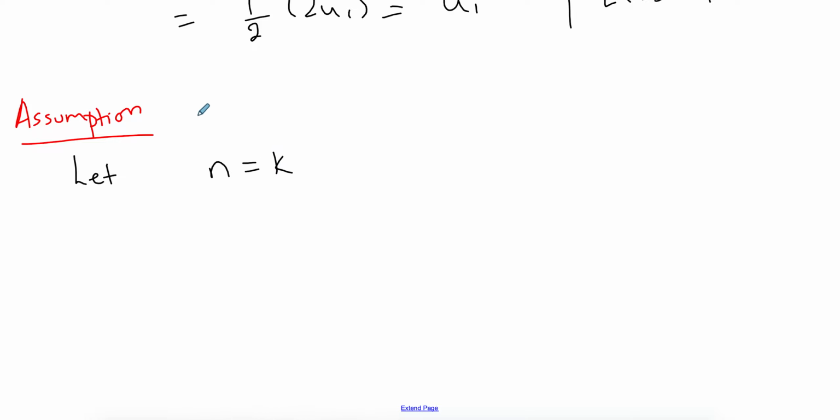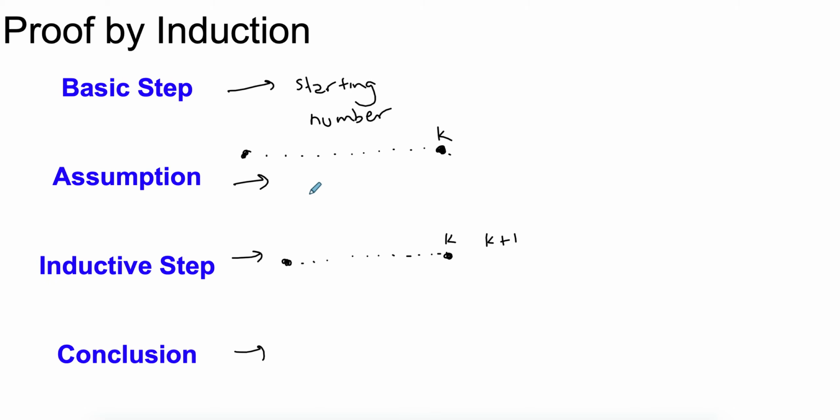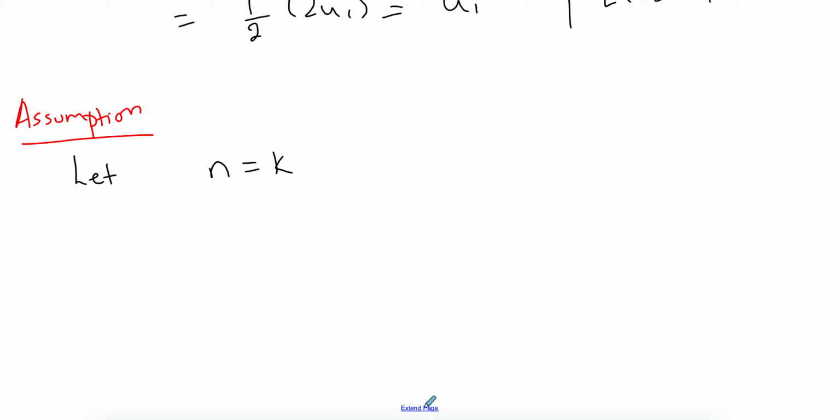Now the reason I'm not going to use n is because n is used in the formula itself. When I say k, I'm talking about a specific point in the sequence or a specific point in my formula substitution. So k is like a stopping point somewhere. So let n be equal to k, where k is, in this question, a positive integer. It's only positive because we're talking about arithmetic sequences.